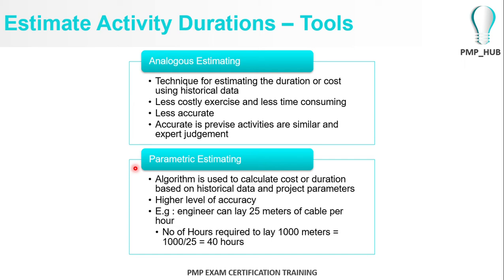Then of course, to estimate through an algorithm, you can actually estimate 1 kilometer divided by 25, it will require 40 hours for your engineers to lay the fiber cable. So likewise, using parametric estimating, you can get a more accurate estimation of your activity duration.